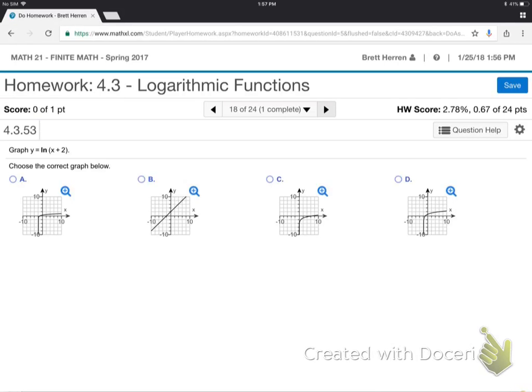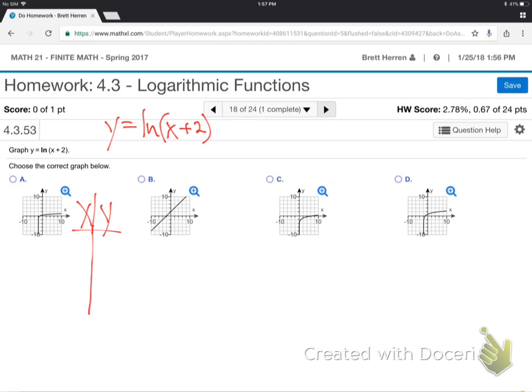Logarithms from algebra. Okay, so how do you graph these things? So y is natural log of x plus 2. How do I graph that thing? Well, let's give it a try.